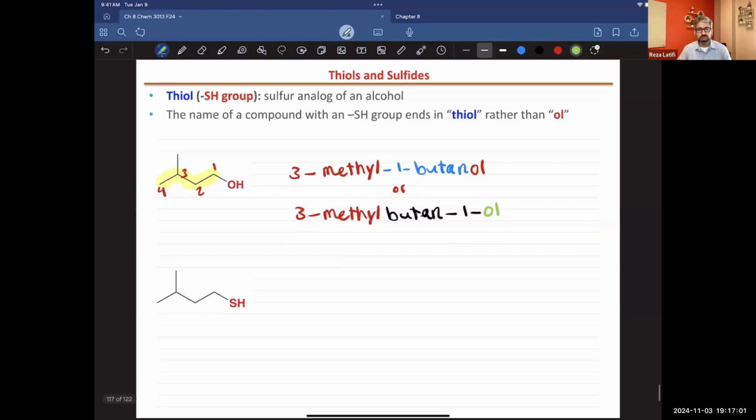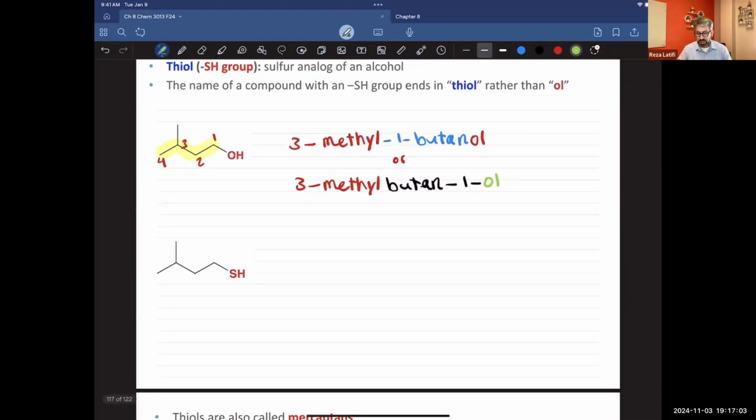Now, when it comes to thiols, the way we name them is exactly similar to alcohols, but the only difference is that the OL is replaced by thiol. So we say 3-methyl butane, and listen carefully, at the end we add thiol to the end of the name.